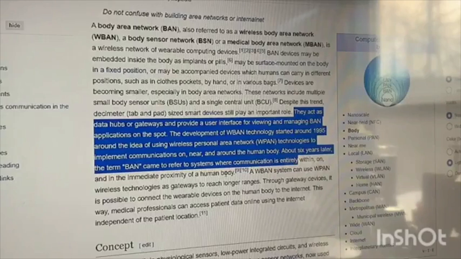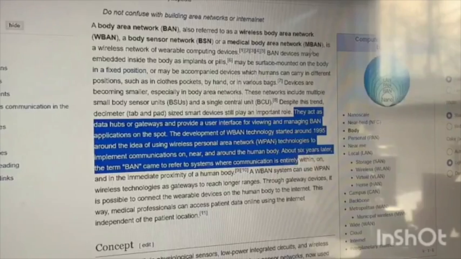The development of wireless body area network technology started around 1995 around the idea of using wireless personal area network technologies, meaning that everything that is around you that has access to a network or is a part of the Internet of Things now has access to your body on the inside.